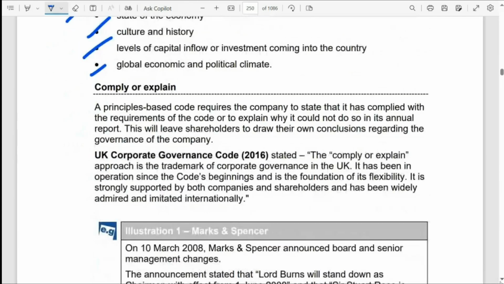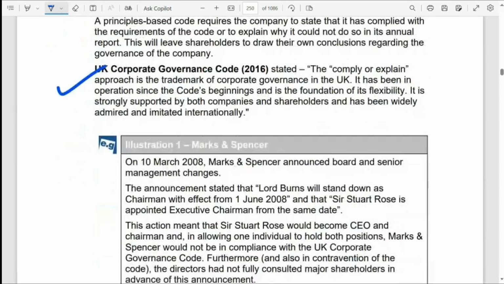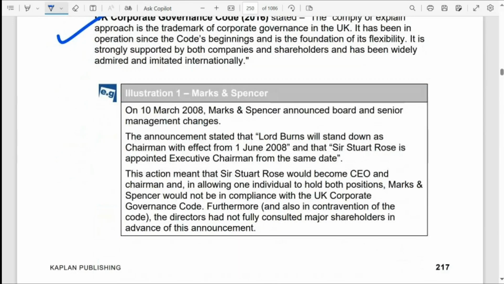So this is the UK Corporate Governance Code 2016 stating their rules and principles, how it works. They have given a Marks and Spencer illustration, announcing the board and senior management change. On 10th March, they announced that Lord Burns would stand down as chairman with effect from this date, and that Stuart Rose is appointed executive chairman from the same date.